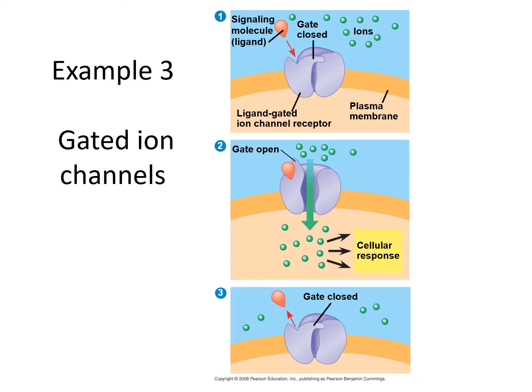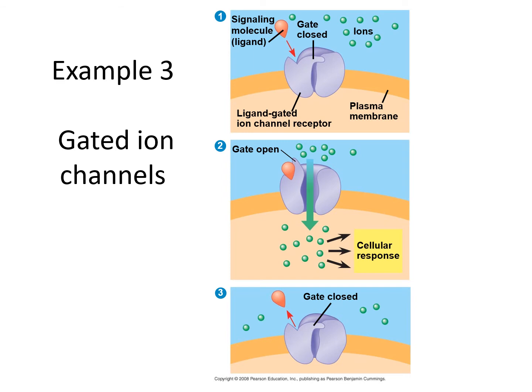Another example of a signaling system would be what happens with gated ion channels. So in the top figure here, you have a channel that is closed. It will stay closed until it binds to a signaling molecule. And signaling molecules are quite often referred to as ligands. A ligand is something that binds to something else and changes it.